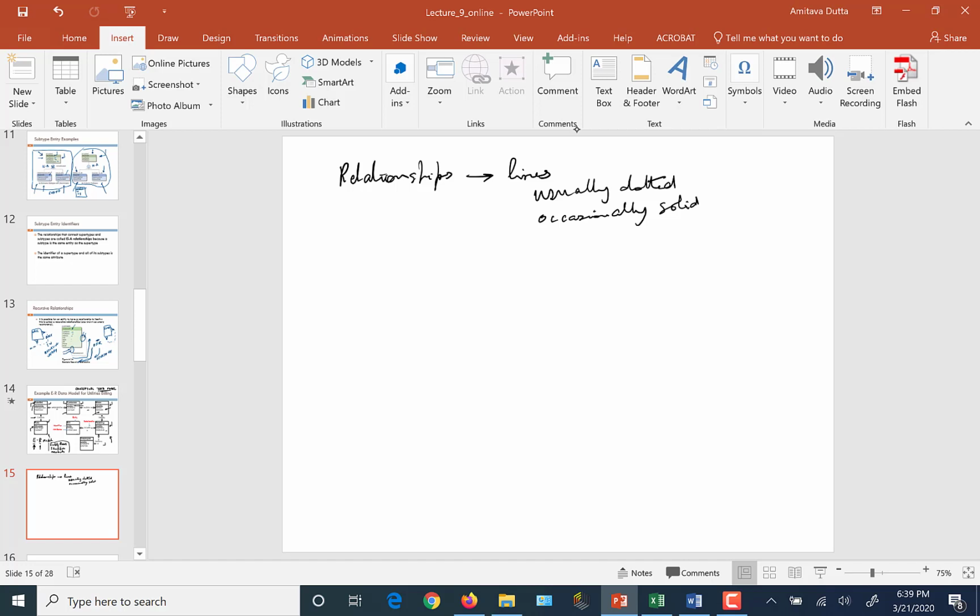We'll come back and discuss when the line should be solid. So what are the aspects of relationships that we need to remember? One is the degree of the relationship, that is, how many entities does it connect.